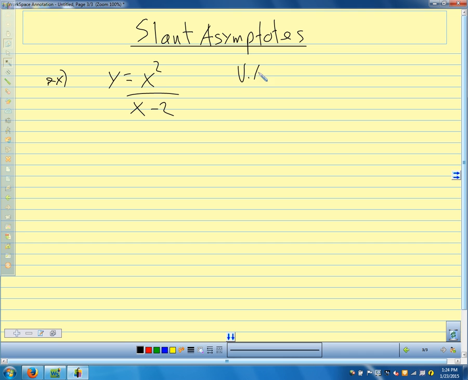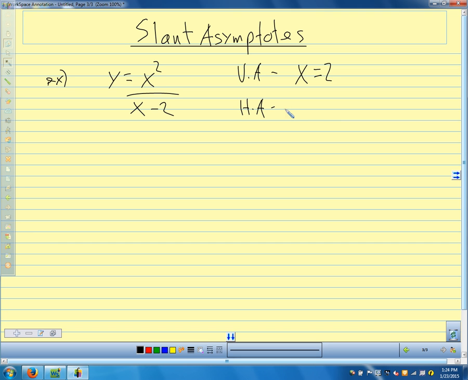That's an easy one here. Where's our vertical asymptote? What happens for a vertical asymptote? X equals 2, when the denominator equals 0.